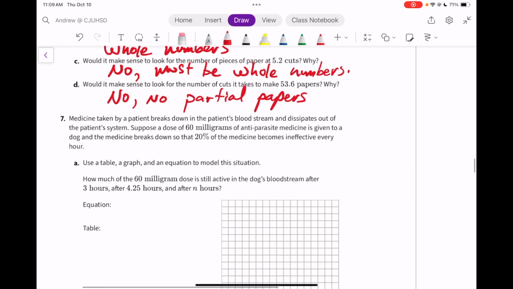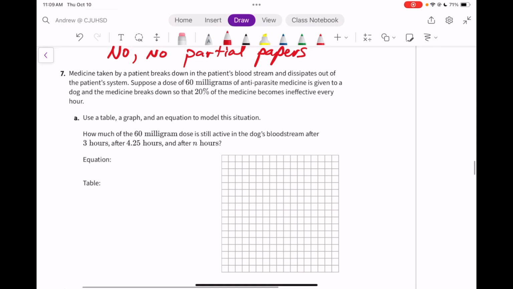Now, medicine taken by a patient breaks down in their bloodstream and dissipates. That means it goes away. With the work of the kidneys, the work of the liver. And suppose we start with 60 milligrams of a medicine given to a dog, and the medicine breaks down, so 20% of the medicine becomes ineffective every hour.